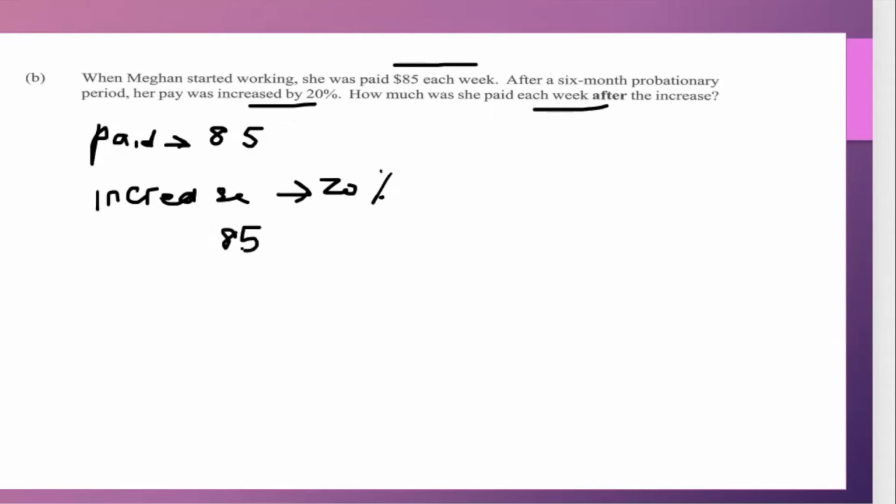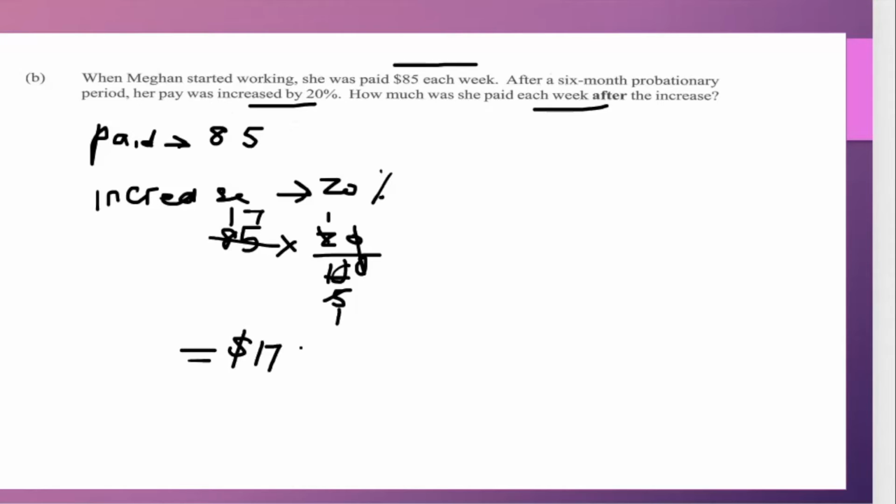Now they want to know how much she is paid after the increase. So you'd have to find 20% of 85, which is 85 times 20 over 100. Now 0 cancels 0, 2 into 10 goes 5 times, 2 into itself goes 1 time, 5 into itself goes 1 time, and 5 into 85 goes 17 times. So the increase is $17.